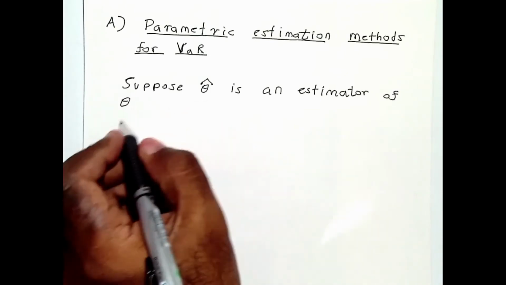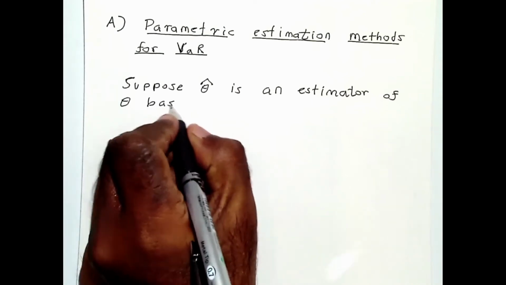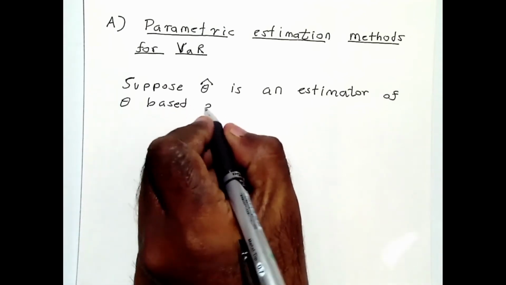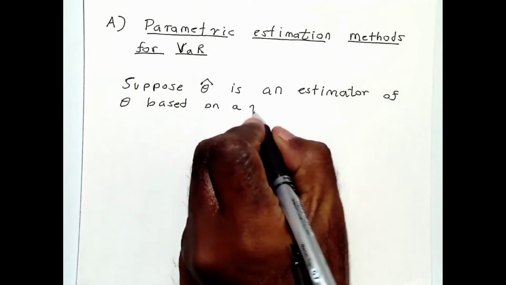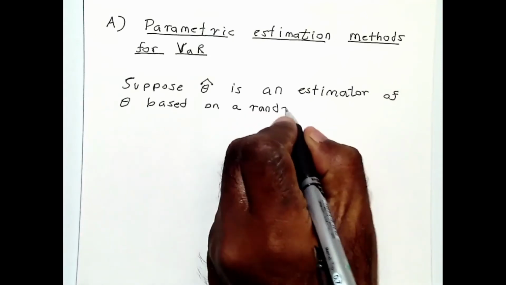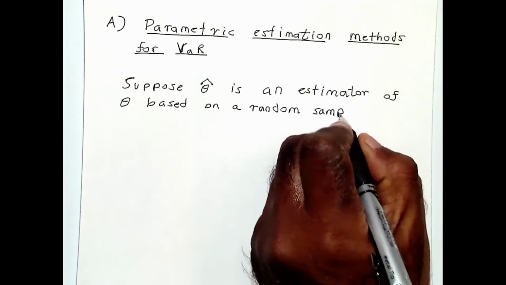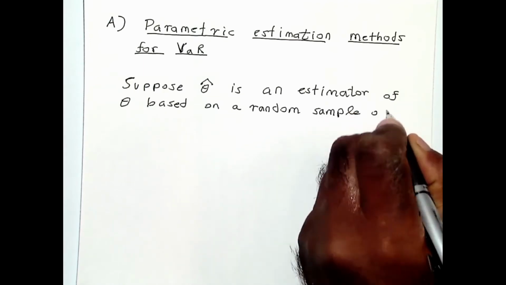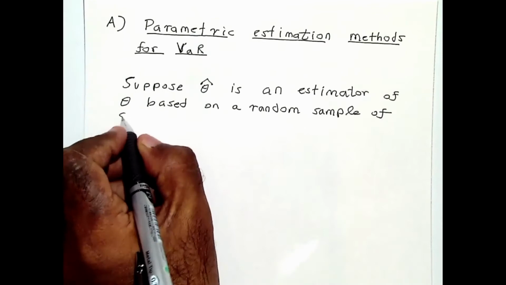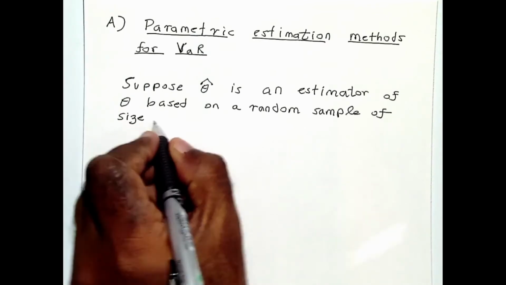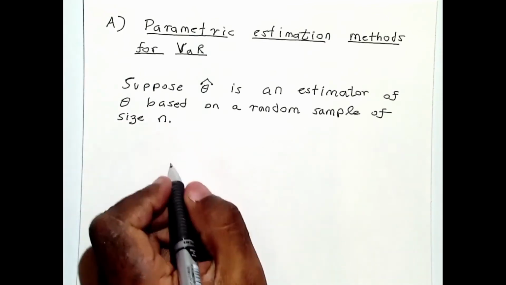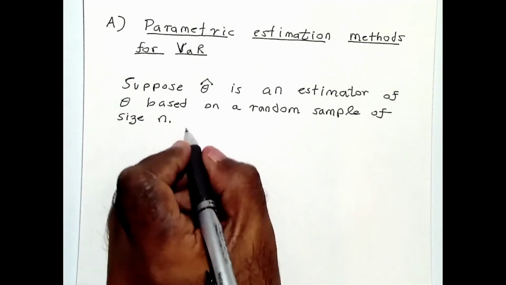So theta is a population parameter. Theta hat is an estimator based on a sample of size n.